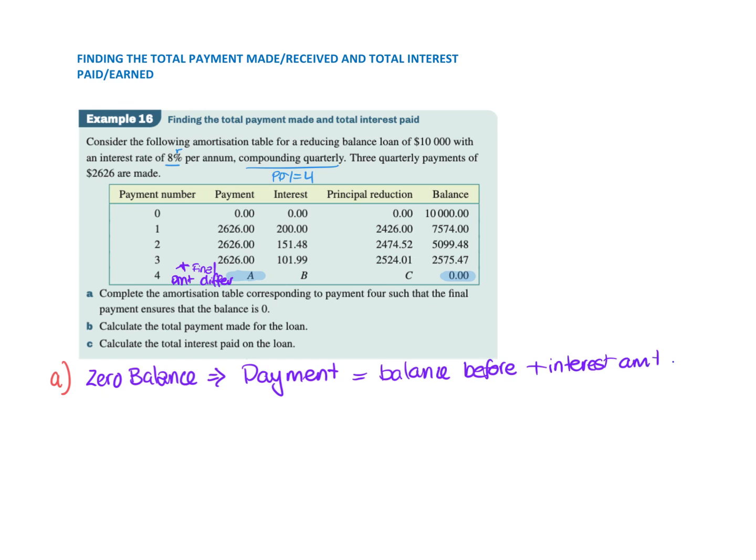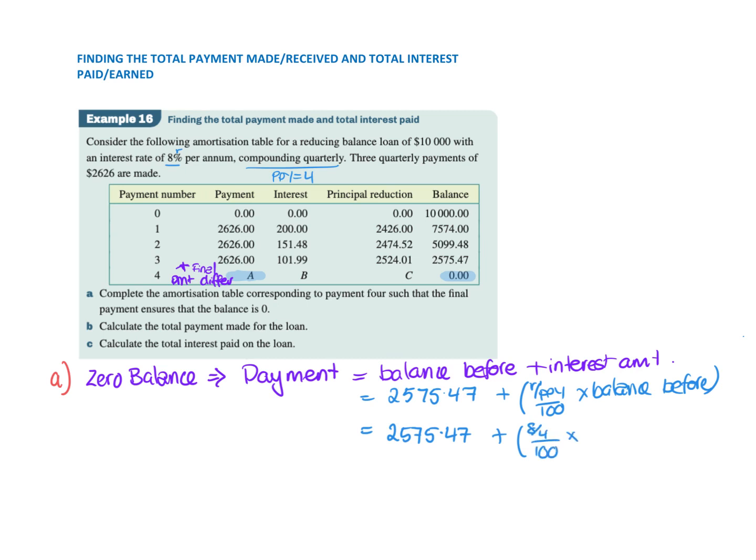So we could go and do that. If you look at the balance before, it was 2575.47, and the interest, remember, we find by going R over PPY over 100 times balance before. So in this case, if I substitute those values that we do know in, we had 8% over quarterly over 100 times that same balance before.